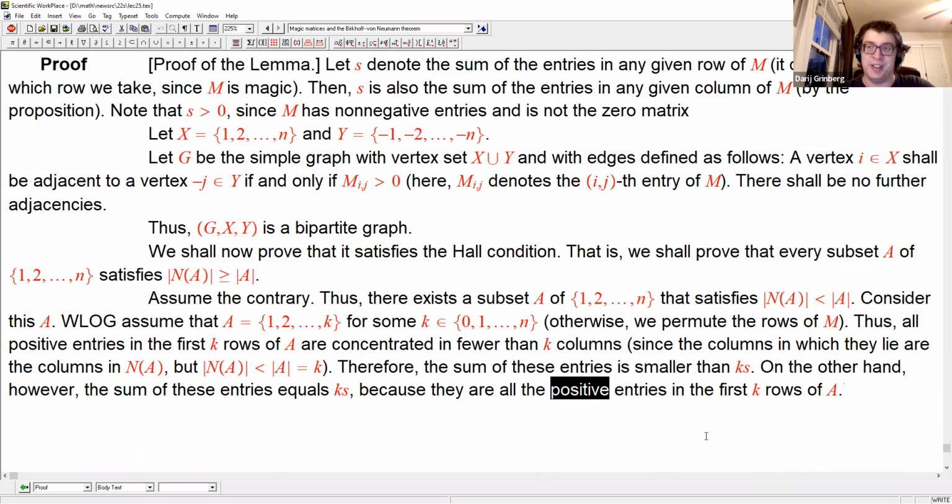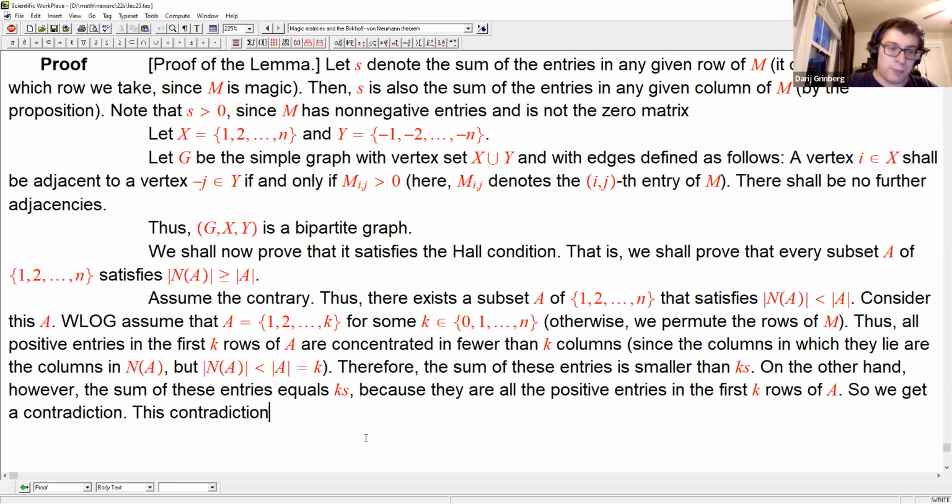So it doesn't matter if you sum all the entries or the positive entries. So we get a contradiction, because a sum cannot be smaller than ks and equal to ks at the same time. And this contradiction shows that our assumption was false.